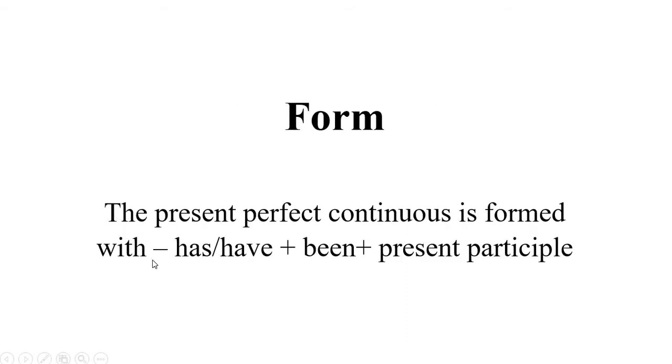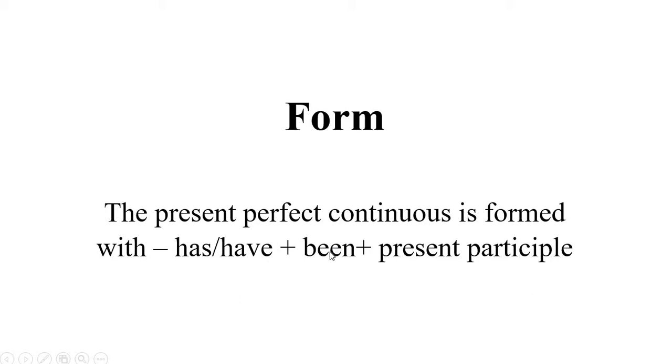We've reached now the present perfect continuous, or the present perfect progressive. The form of the present perfect progressive is like the perfect simple, with the use of the auxiliary has with she and he, and have with all the other pronouns, plus being another auxiliary.